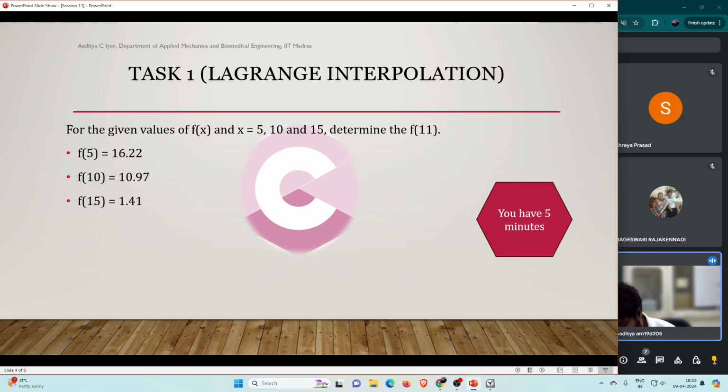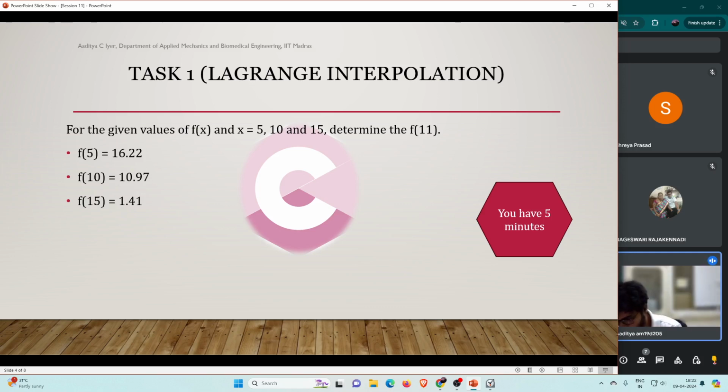It's basically x minus xj by x0 minus xj, product of all these j terms. These are coefficients for the values 16.22, 10.97 and 1.41.